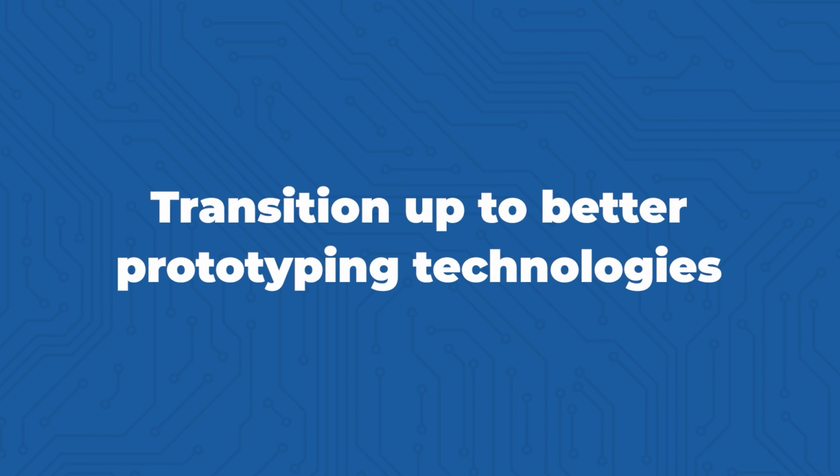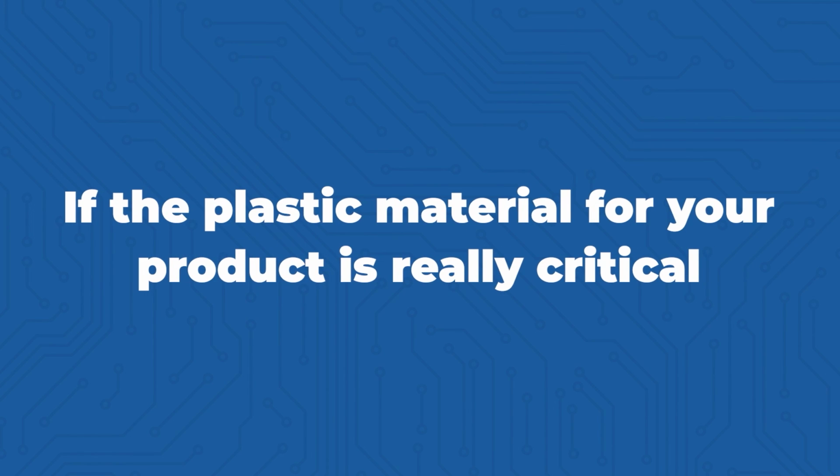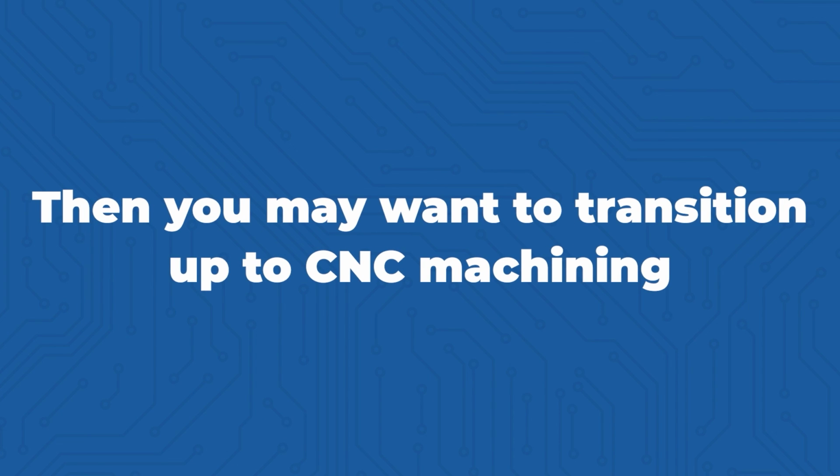Start with 3D printing because that's the simplest and typically the cheapest. Then if the plastic material for your product is really critical, for snap fits and things like that, you may want to transition up to CNC machining, which allows you to use the same plastic that will be used in production, versus 3D printing resins, which are made to simulate production plastics but are still quite a bit different.